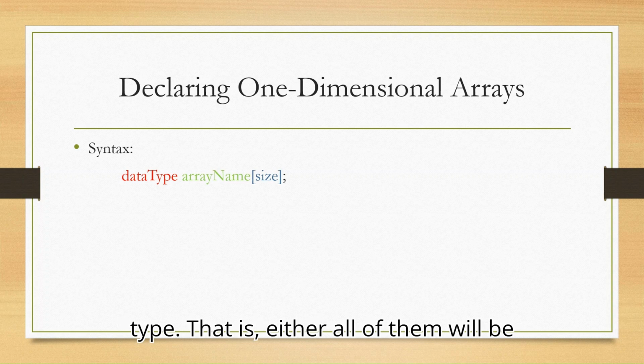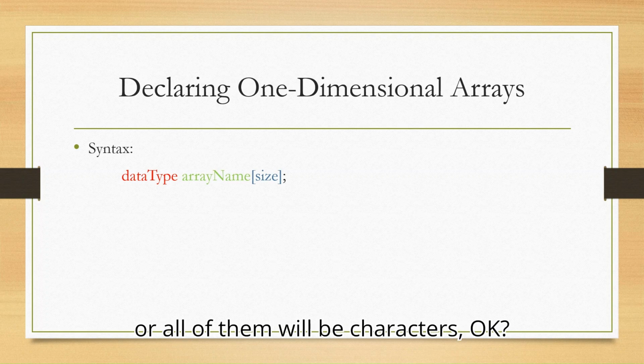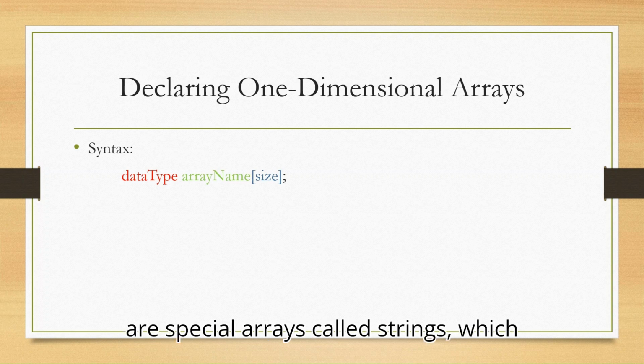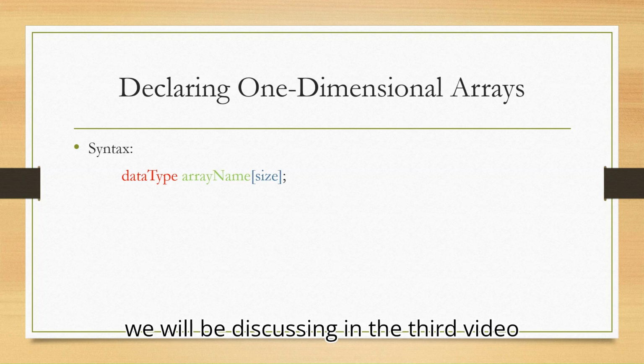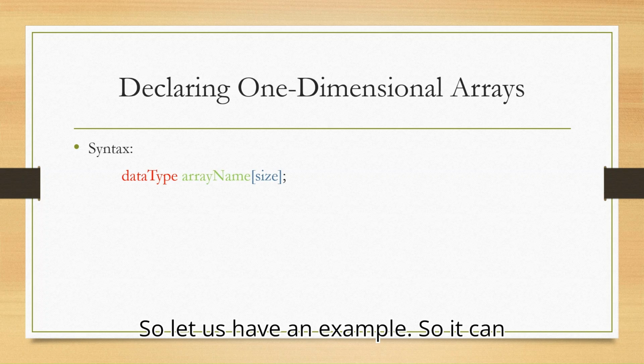That is, either all of them will be integers, or all of them will be float, or all of them will be characters. The arrays that store characters are special arrays called strings, which we will be discussing in the third video of the series. Now, let us have an example.